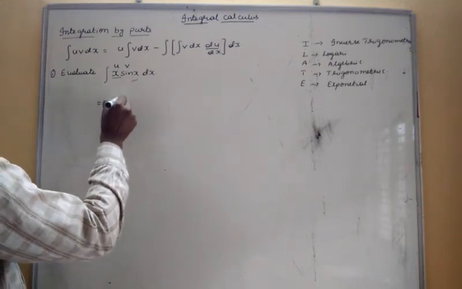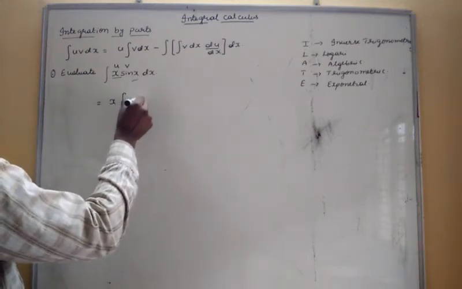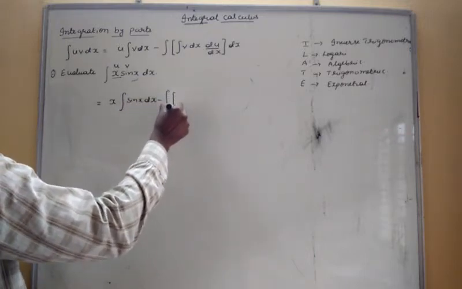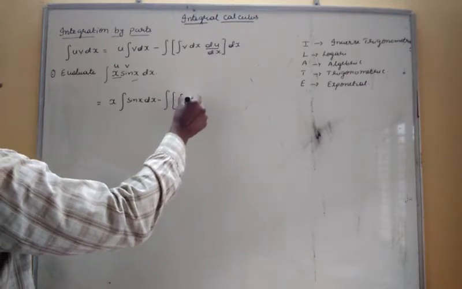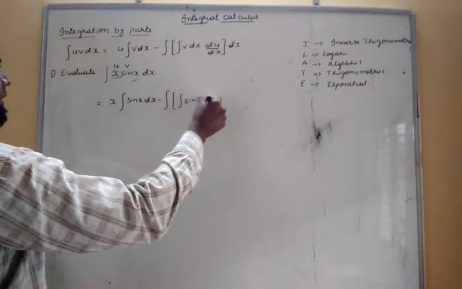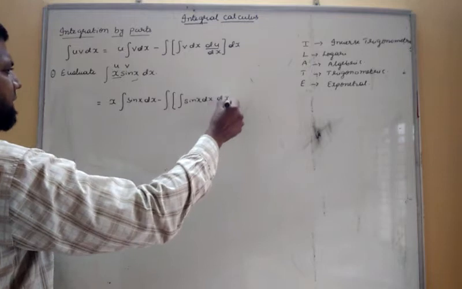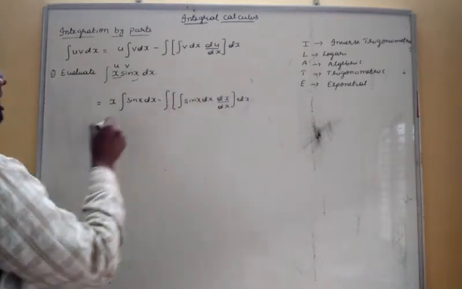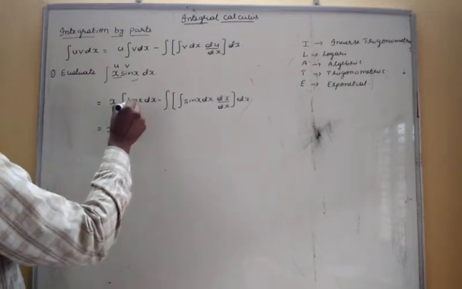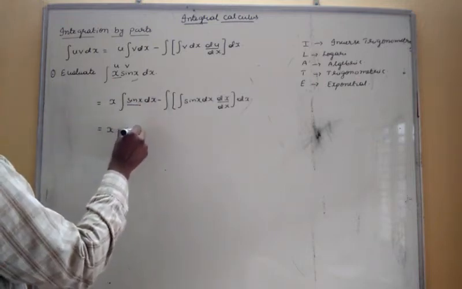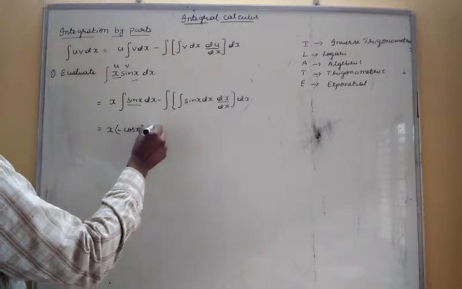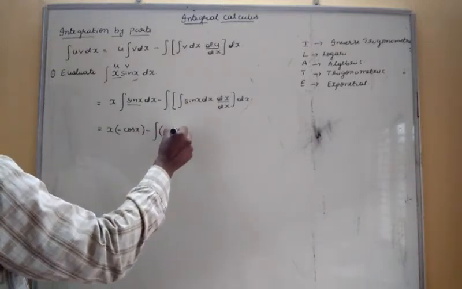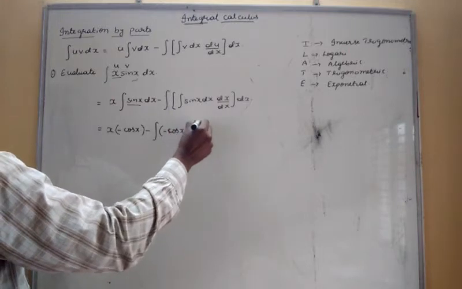So x is the first function, integration of second function sin x, minus integration of integration of sin x times differentiation of x. Then x as it is, integration of sin x is minus cos x, differentiation of x is 1.